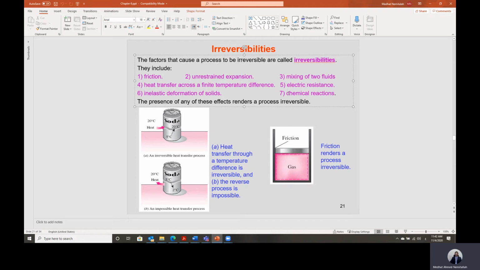Also, chemical reactions are totally irreversible processes. Let's say we are burning fuel, methane, with oxygen. Heat is released, and this methane will be converted to carbon dioxide plus some other constituents, including H2O water vapor, plus NO, NO2, and some other gases if we are burning this methane with air.